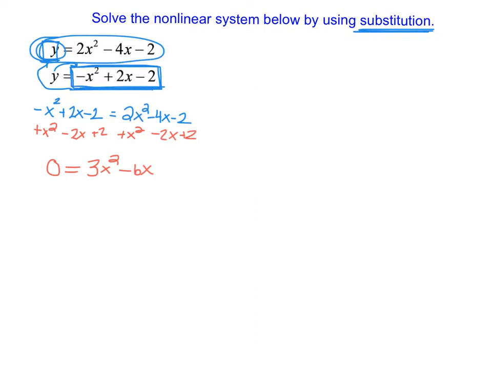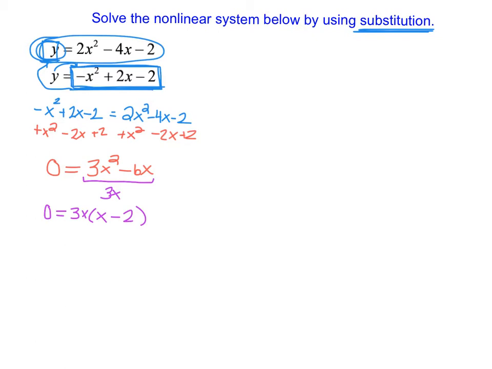Again, you can pick what you'd like, but I like the greatest common factor. The greatest common factor here is 3x, so I'm going to factor out a 3x in front, and that leaves me with 3 divided by 3 is 1, and then there's an x left, so I have x minus, and then 6 divided by 3 is 2, and the x's cancel out.